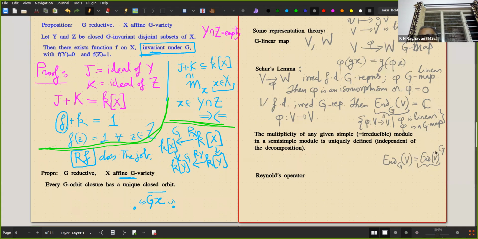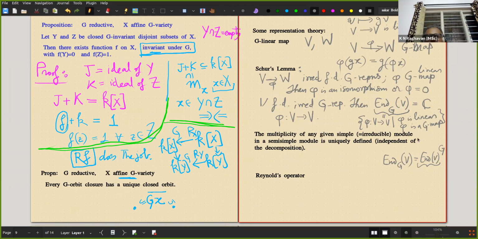And this means, with our usual convention, all the elements of End(V) which are left invariant by G. And that is the same thing as this. So the natural action of G on End(V) is suitably defined so that the invariant elements precisely become G linear maps from V to V.